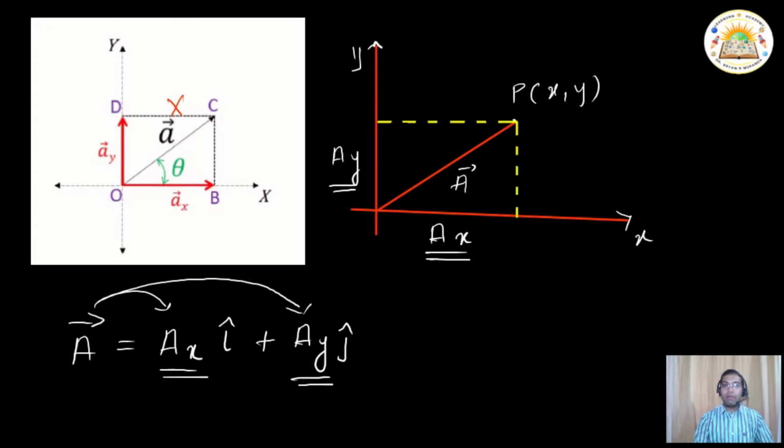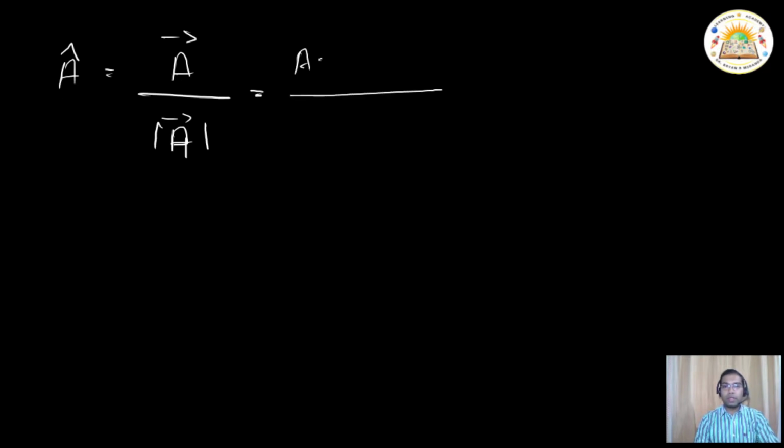Now, if we have to write the unit vector, previously we have seen that the unit vector a cap is nothing but a vector by magnitude of a vector. A cap we can get from this formula. A vector I know it to be nothing but ax i cap plus ay j cap.